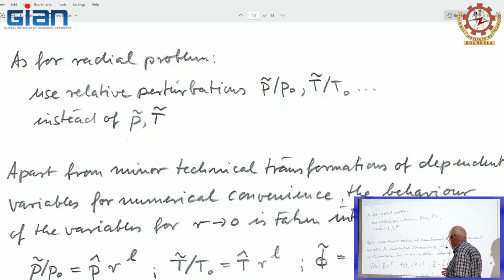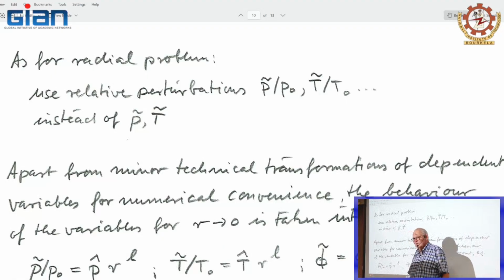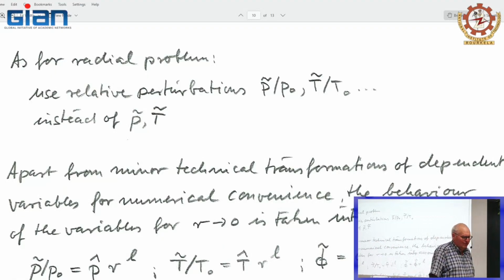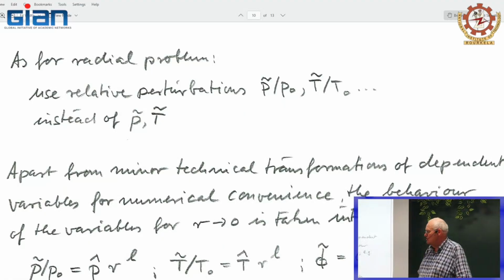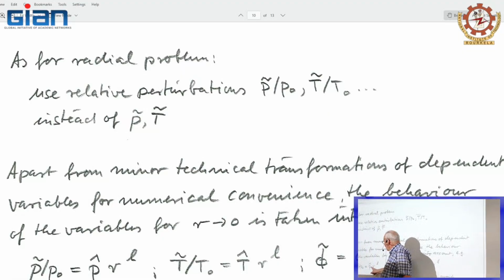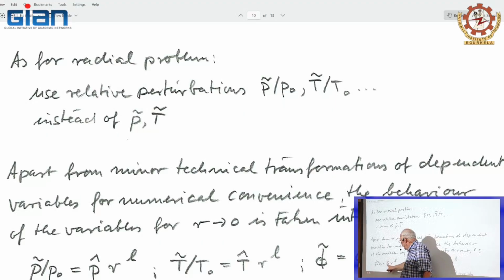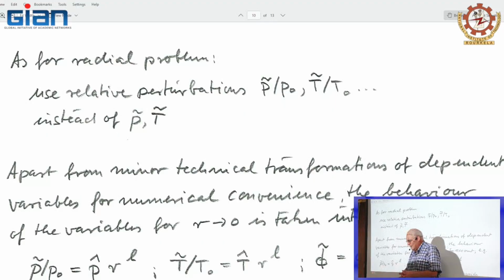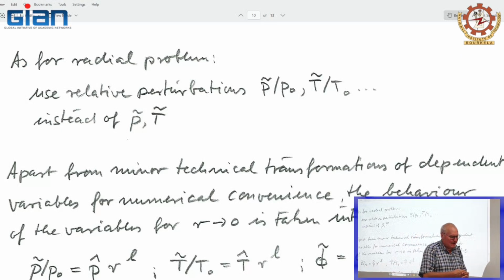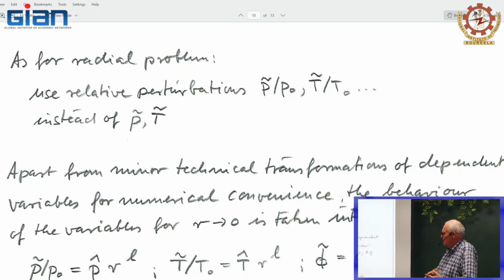So the solution of the problem is to take out the behavior of the quantities once they approach 0, to define a quantity p hat which does not suffer from this problem. We define p hat by p tilde equal to p hat times r to the power L. Then p hat will have a finite value once we approach the center.